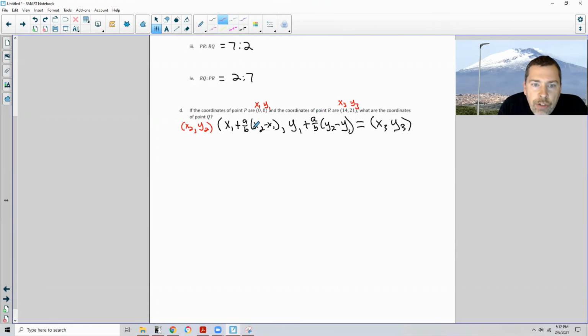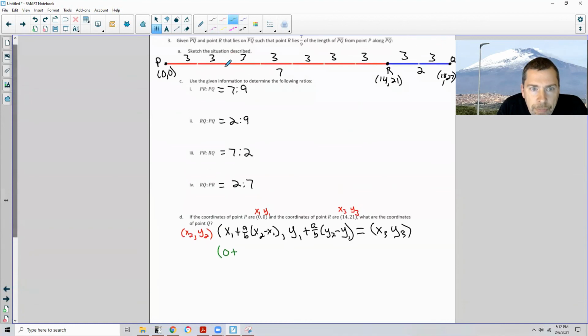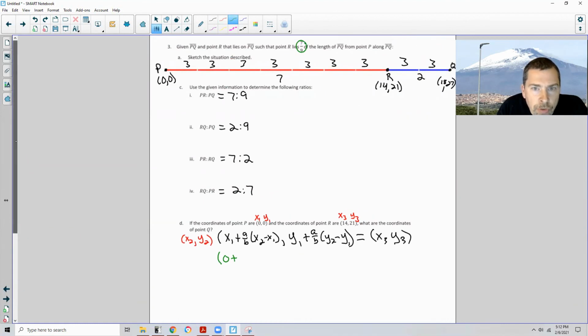So very carefully, we're now going to fill this in. So x sub 1 is 0, plus our ratio is 7 to 9. We were told that 7 over 9.